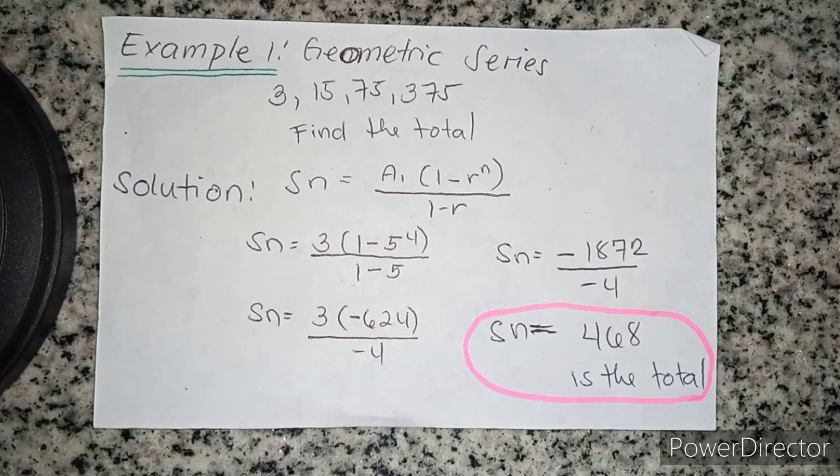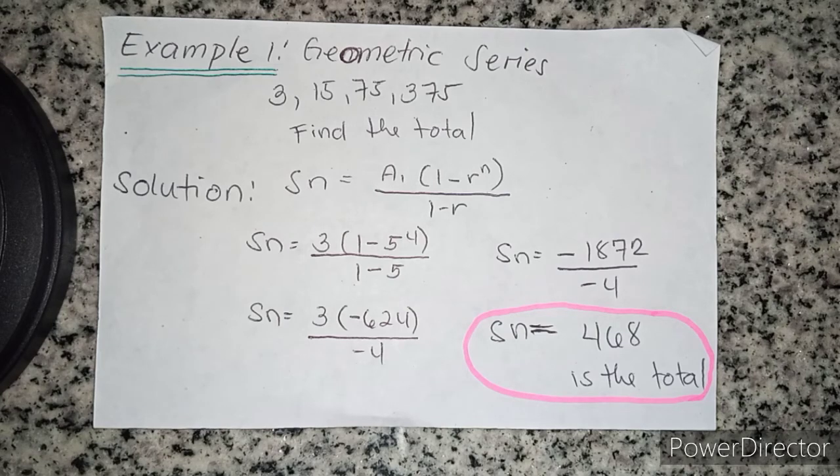Then raised to the number of terms. Here in our sequence we have 4 terms, so we raise it to the 4th power. Now, over 1 minus r, or the common ratio, which is 5.